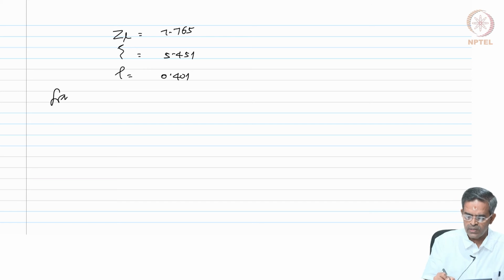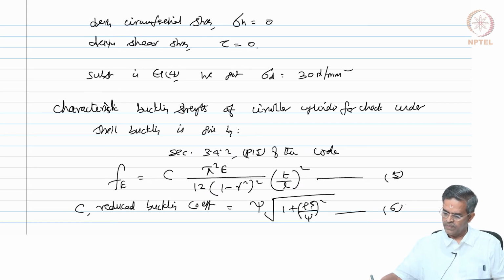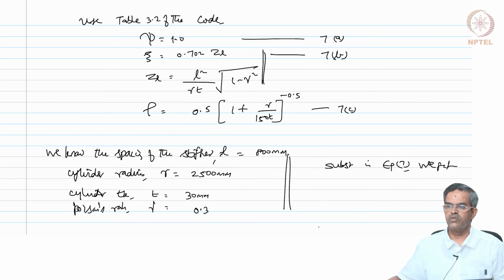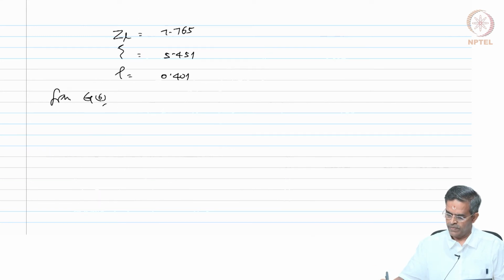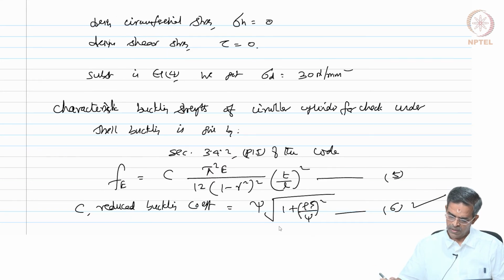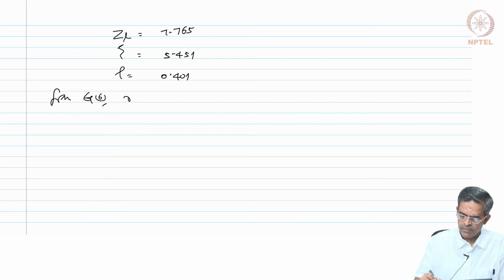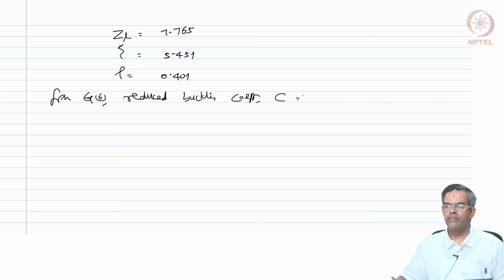Now, from equation 6, we get now the reduced strength, is it not? Equation 6 gives me the reduced buckling coefficient, is given by 2.404.